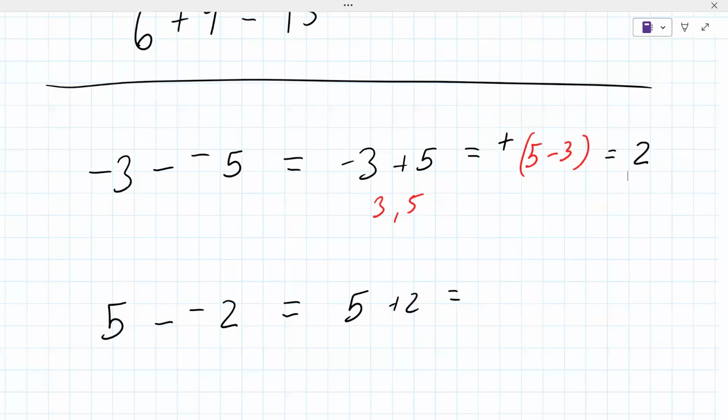I got +3 for the second one. But if the double negative becomes a plus, then it becomes 5 plus 2. Same sign, they're both positive. If nothing's written, it's positive. Oh, so my other answer was right.